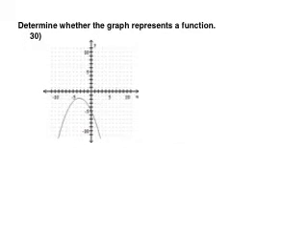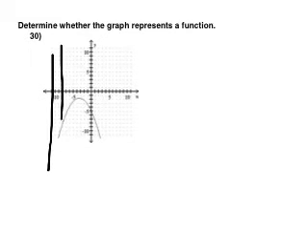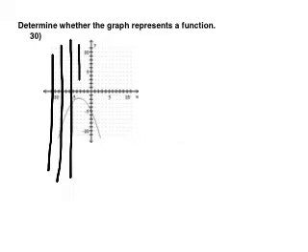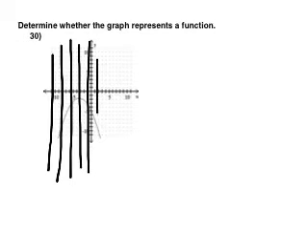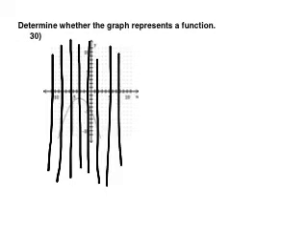Number 30. Determine whether the graph represents a function. Now this is easy because we can just use the vertical line test. If you run an infinite number of vertical lines through this graph of an equation, you can see, I'm not making an infinite number of lines, but you can see that none of them will ever cut through that graph more than once.